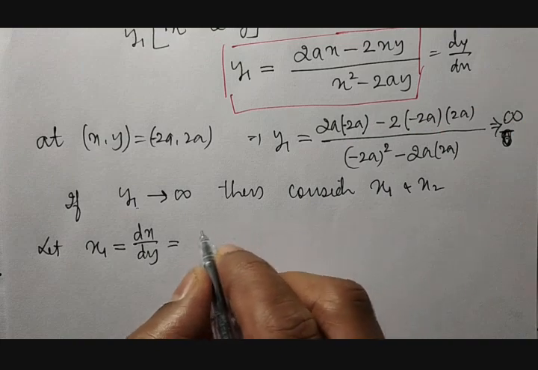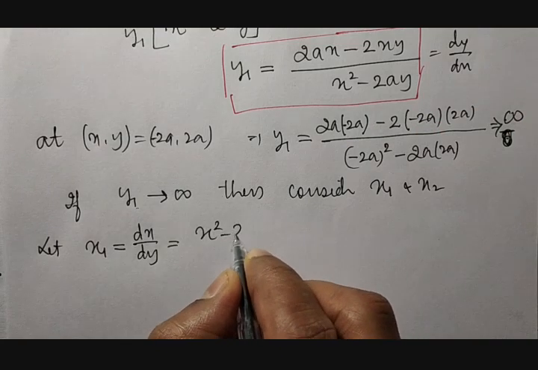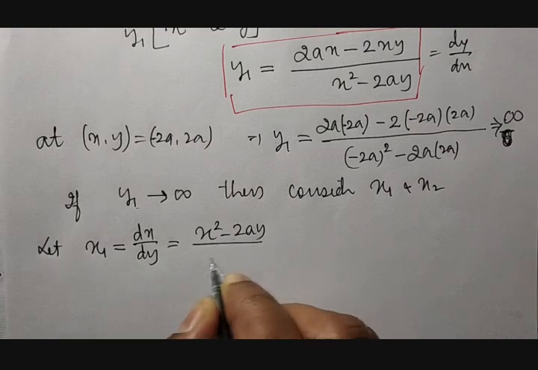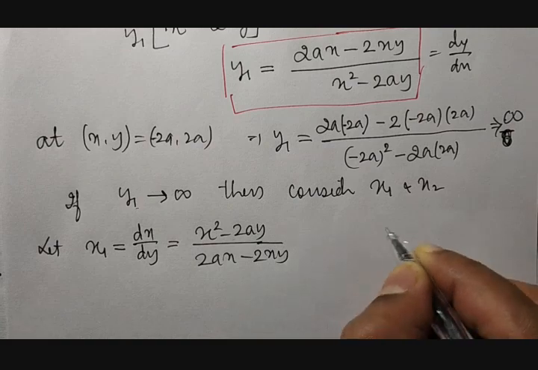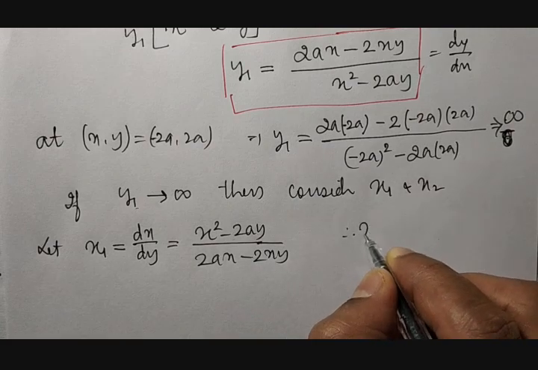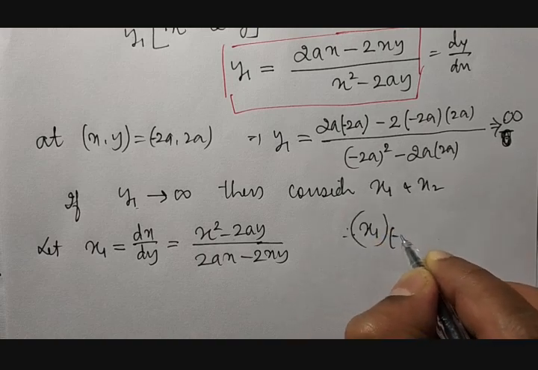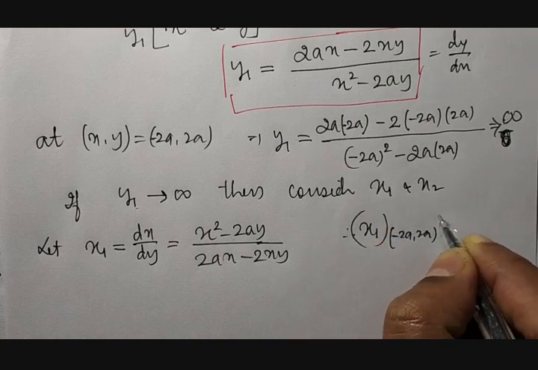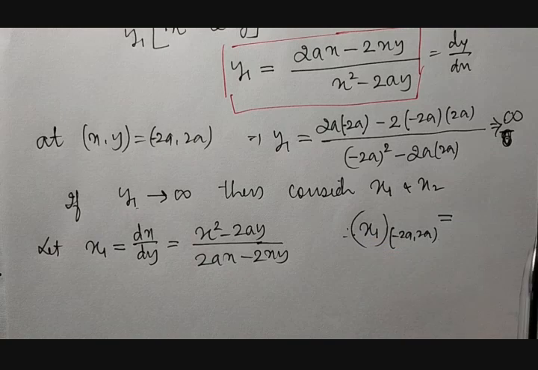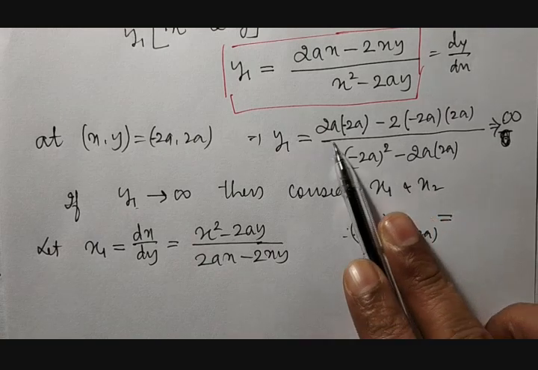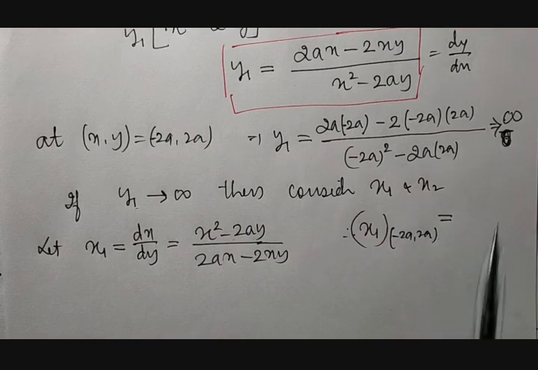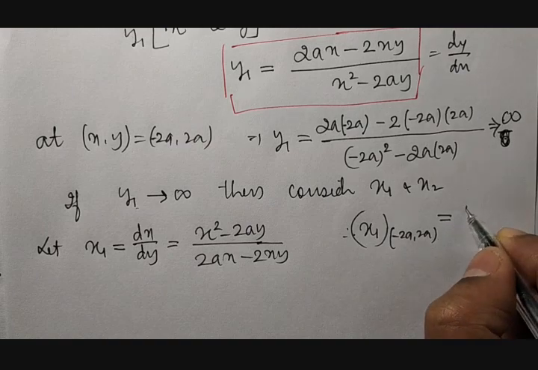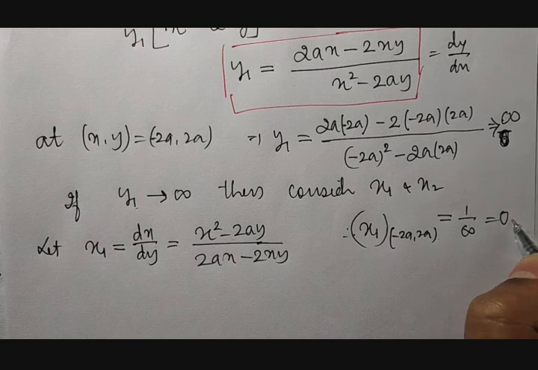Then it becomes x square minus 2ay divided by 2ax minus 2xy. Therefore, the value of x1 at minus 2a comma 2a: if y1 tends to infinity, then x1 is the reciprocal of this. Then 1 by infinity is 0, therefore x1 is equal to 0.